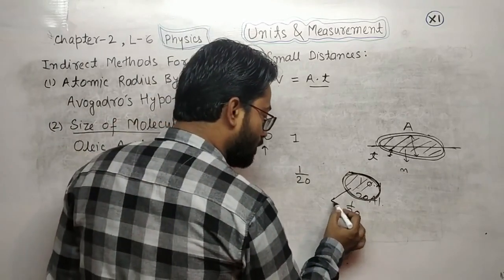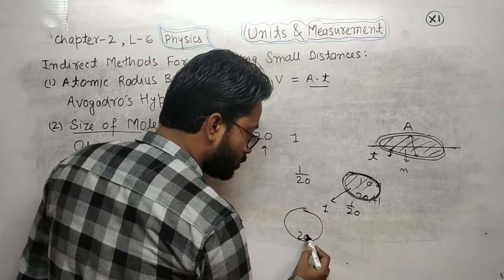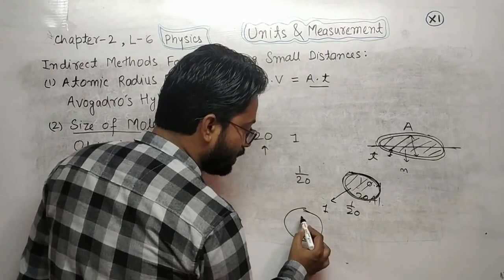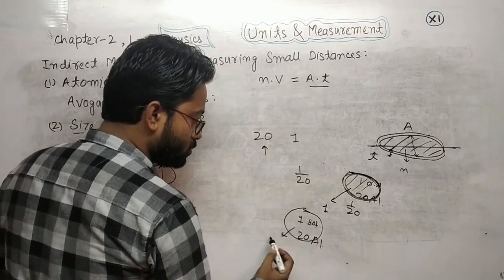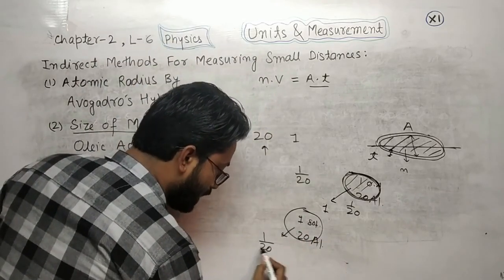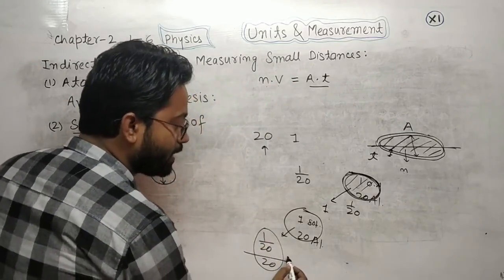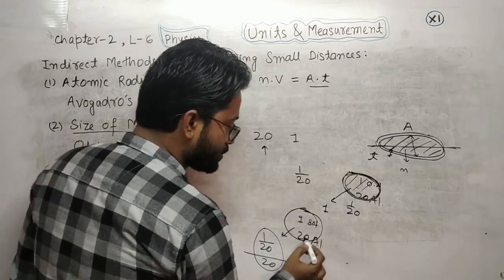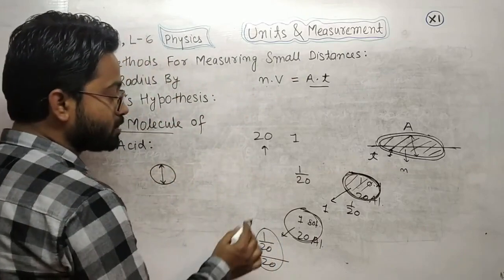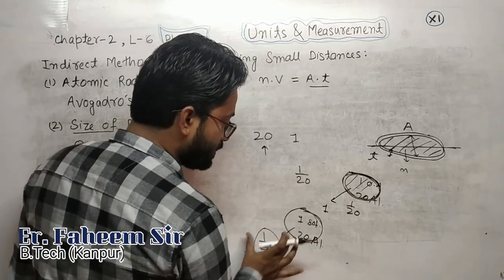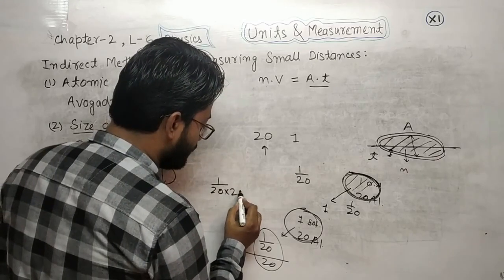Just take one part from there and again mix it with 20 parts of alcohol. This will contain 1 upon 20 upon 20 part of oleic acid. That means the only oleic acid present in the final solution is 1 upon 20 into 20.